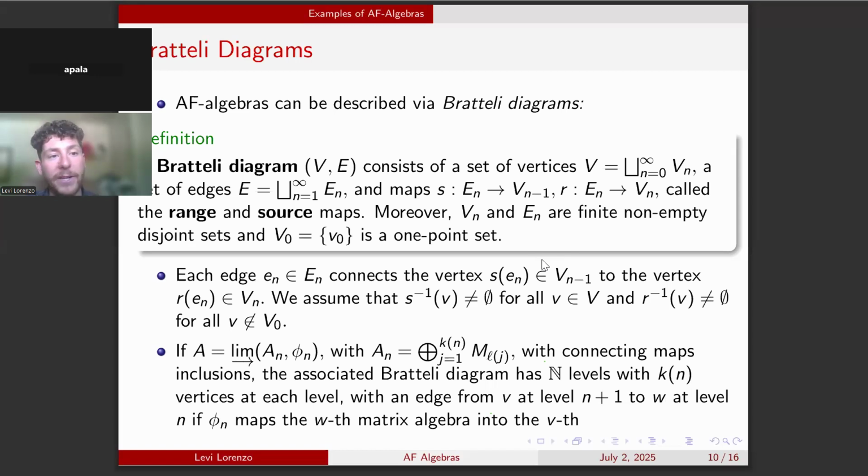Similar to how in our AF algebras we had sub-algebras ordered via the natural numbers, we have the same thing here. At each level we have a certain number of vertices, and then we have edges from one level to the next.